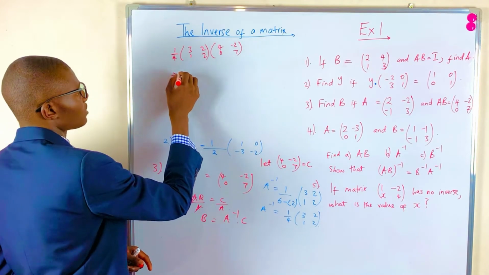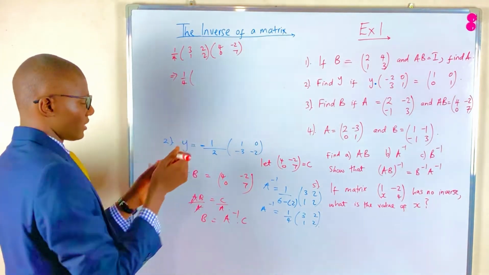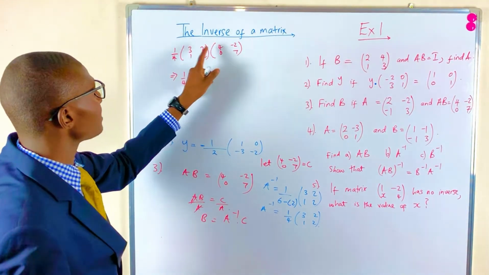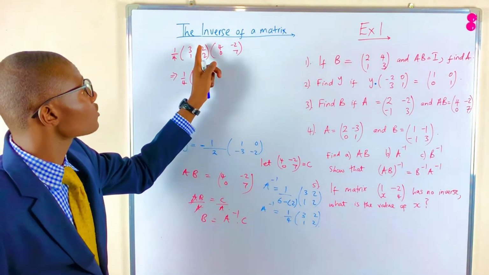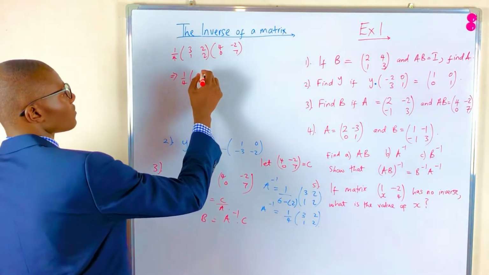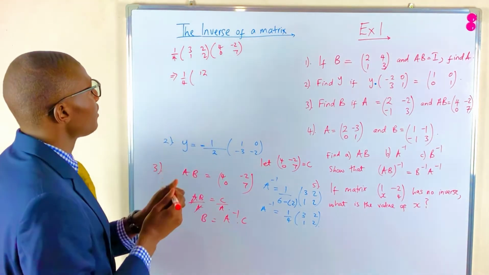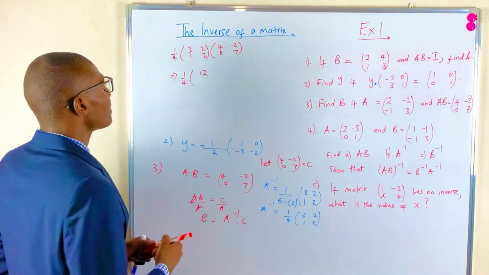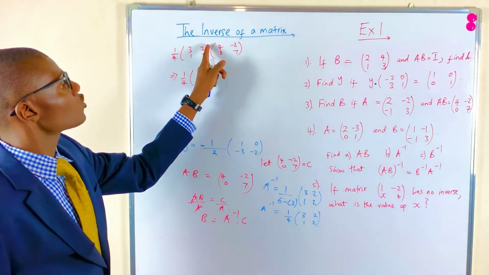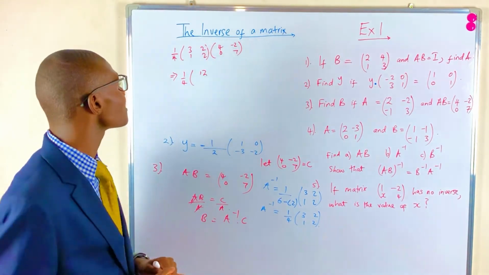Right, and now what do we get? Here we're saying 3 times 4, we get a 12, plus 2 times 0, that's a 0. So we get 12 here. And then 3 times minus 2, we get a minus 6, and then minus 6 plus 2 times 7, that's minus 6 plus 14.